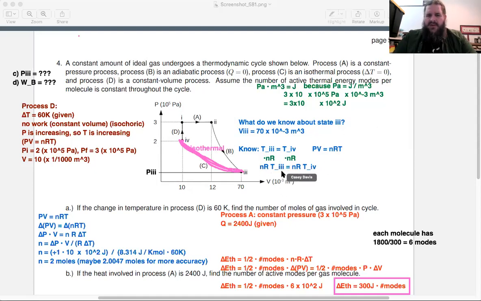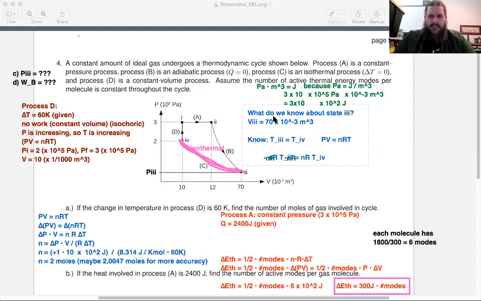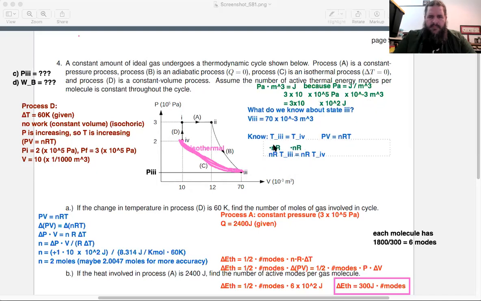And that means each of those nRTs can be replaced with PV. Specifically, we can say that pressure 3 times volume 3 equals pressure 4 times volume 4. Because nR times T3 equals nR times T4, make the ideal gas law substitution: pressure times volume at location 3 must equal pressure times volume at point 4.